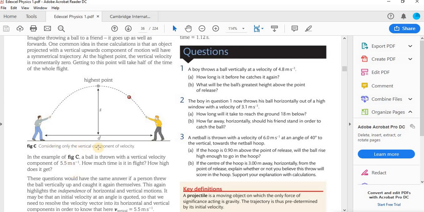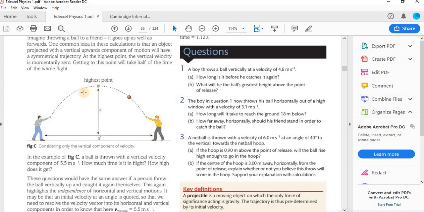Considering only the vertical component of velocity, they have not actually told us the horizontal component of velocity or the actual velocity with which it is thrown. They only give us the vertical component. So we know the vertical component of velocity at the time it is thrown, and at the highest point it is 0.